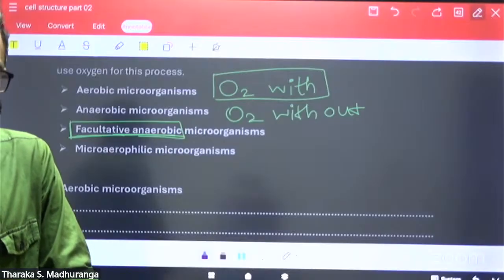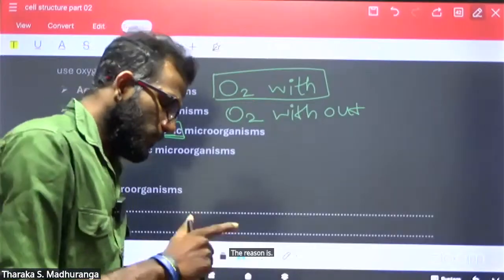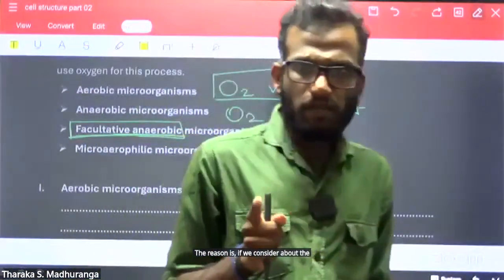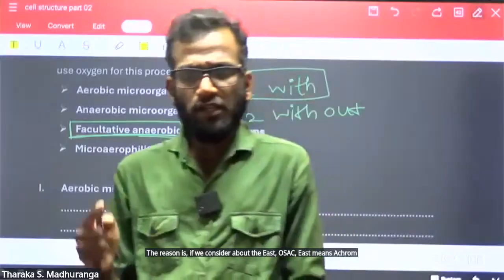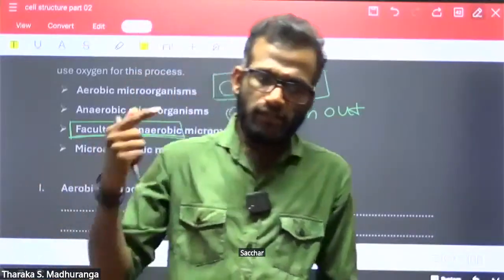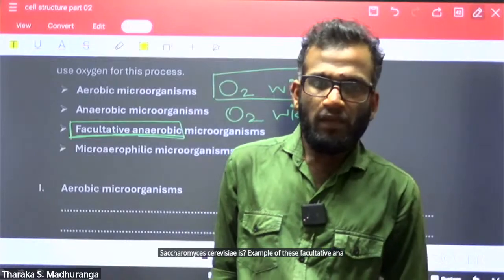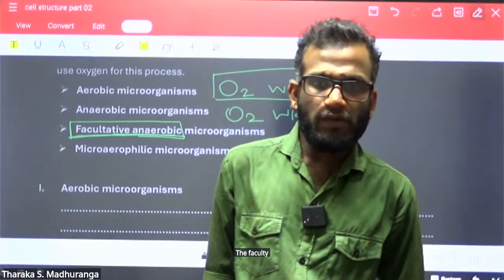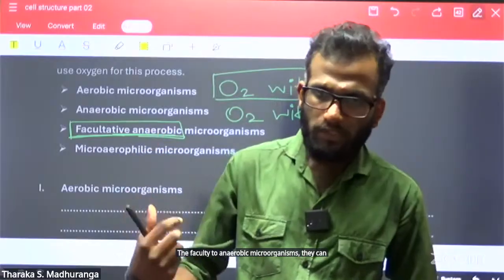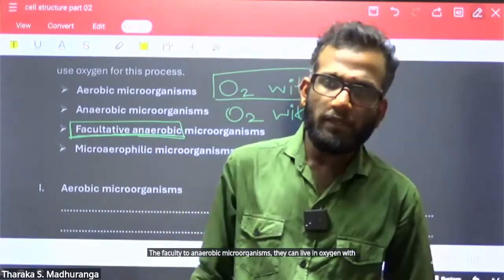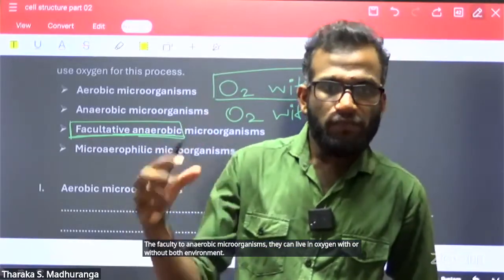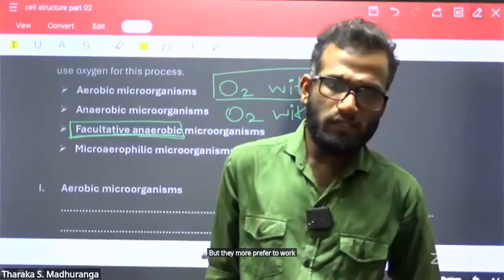The reason is, if we consider yeast, Saccharomyces cerevisiae, it is an example of a facultative anaerobic. Facultative anaerobic microorganisms can live with or without oxygen, but they prefer to work in anaerobic conditions.